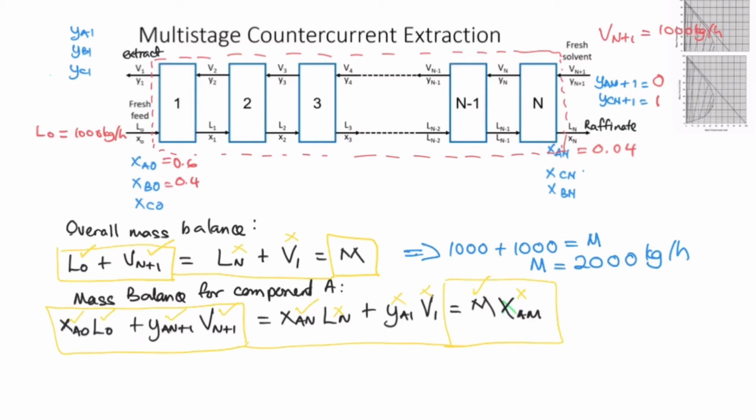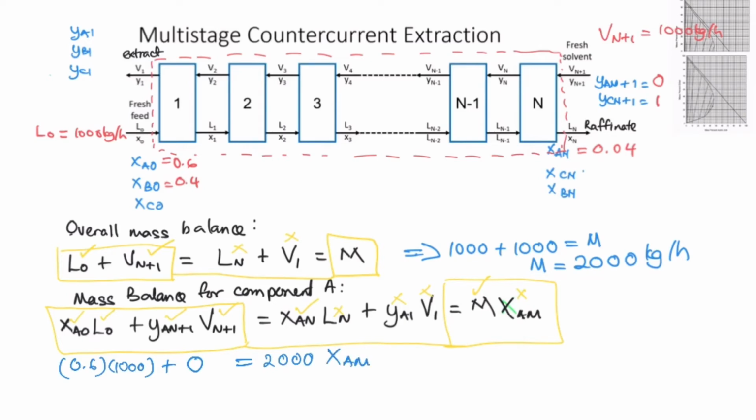So now let's substitute the values that we have. XA0, which is given as 0.6, multiplied by L0, which is 1000. YAN is equal to 0, multiplied by V(N+1), which will give you 0. Now it is equal to M. You know M already, which is 2000, multiplied by XAM, which is your unknown.